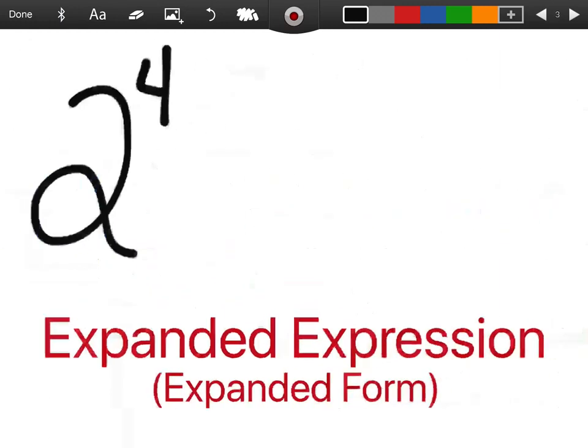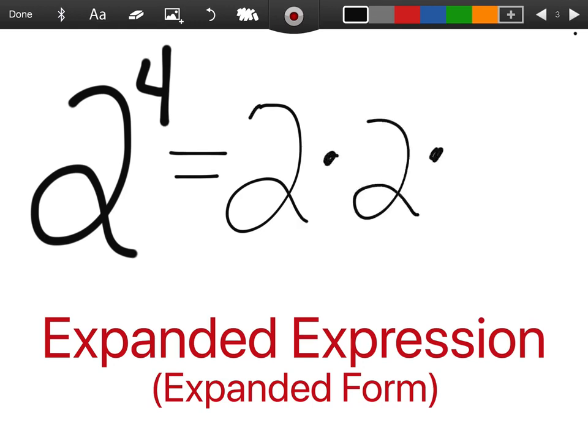Expanded expression forms. There are many different forms that we can use to show exponents and how they work. The expanded expression form takes the normal exponent like this and expands it out. Basically that means just writing it out long ways. So this would be 2 times 2 times 2 times 2. That's funny, my 2's gotten smaller.